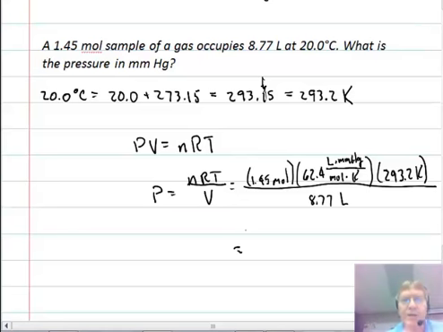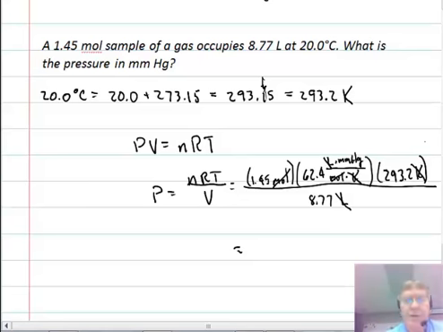Okay, so now again, if we look at what cancels out here, moles and moles will cancel out, kelvins and kelvins will cancel, and the liters down here cancel the liters on the top, and we get our answer in millimeters of mercury, which is what we wanted.